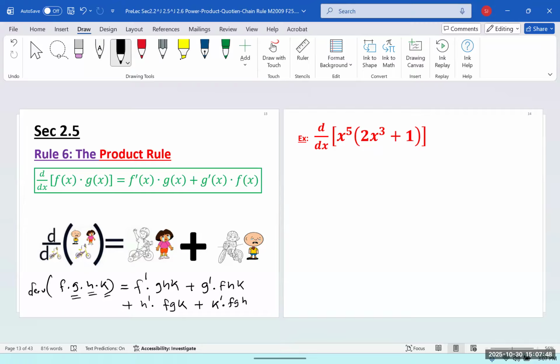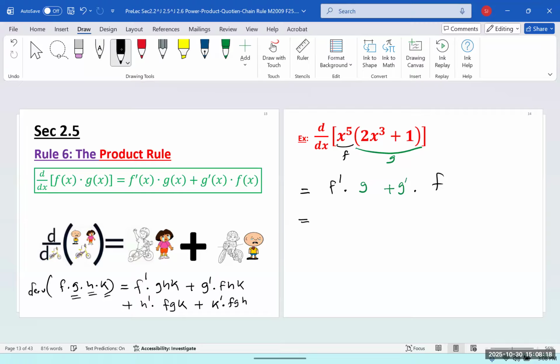So let's say the first element here is f, and then the second function here is g. So the derivative here will be f prime times the function g plus g prime times the function f.